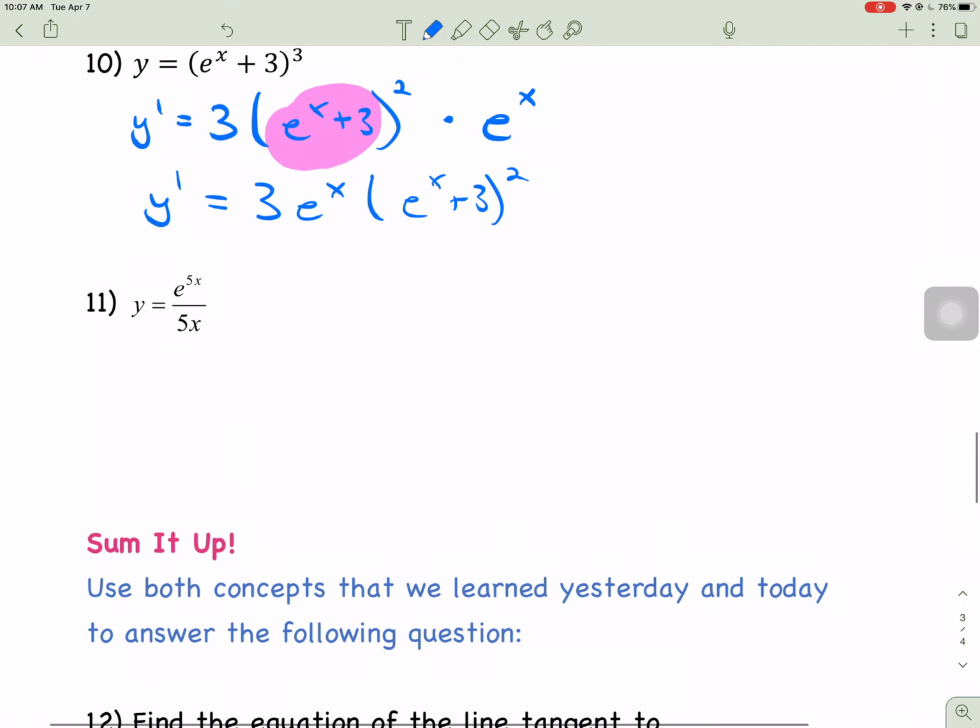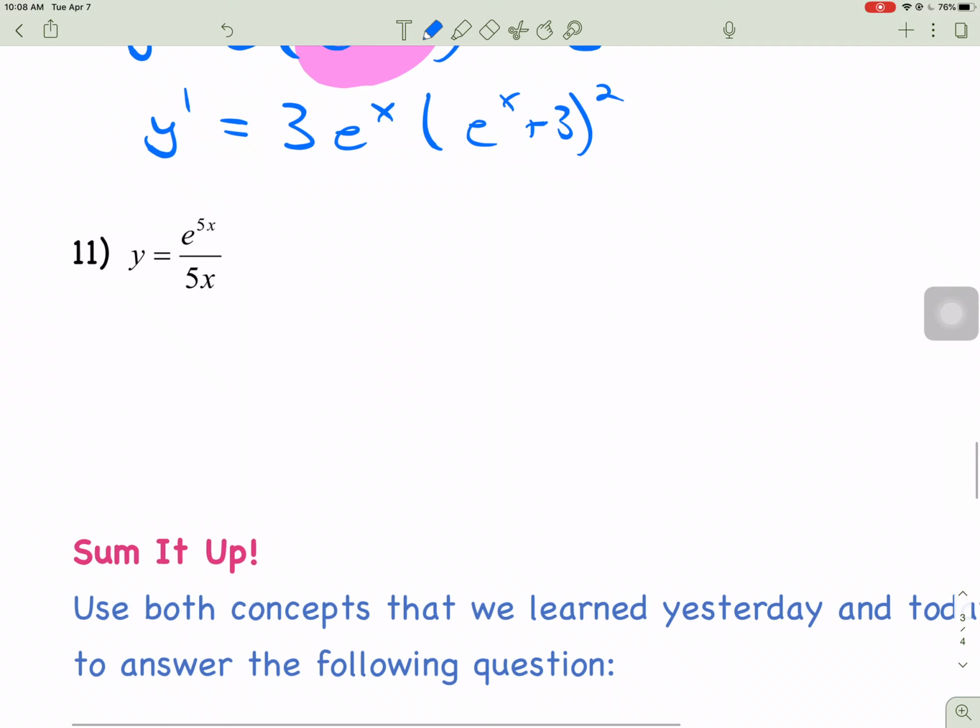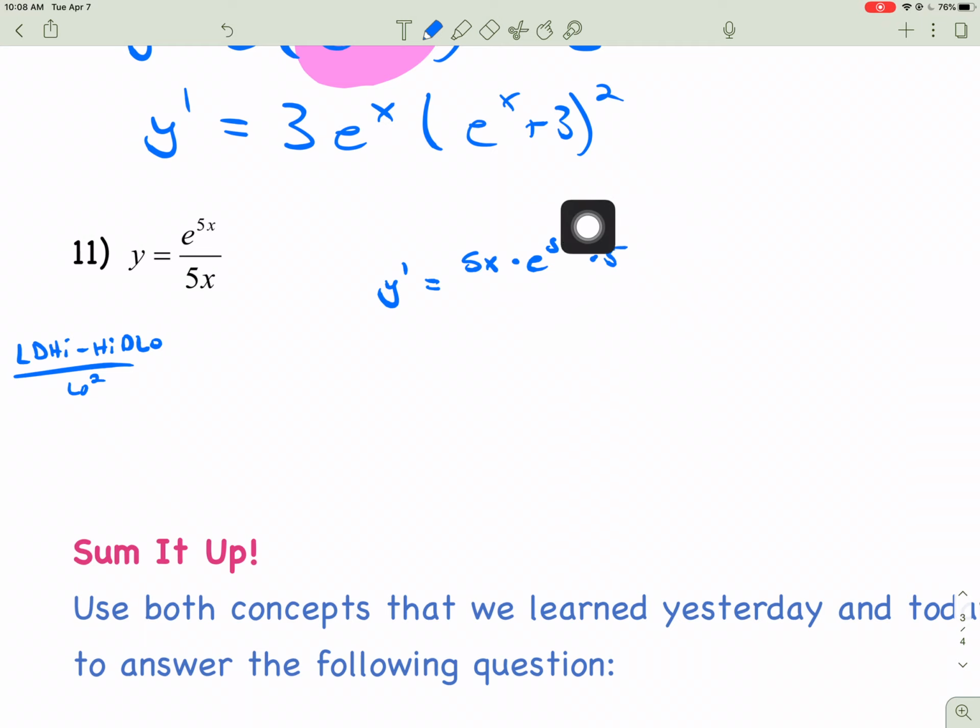And then number 11, last one, quotient rule. Right? Low d high minus high d low over low squared. So we get low times the derivative of e to the 5x. Well, the derivative of e to the 5x is e to the 5x times 5. E to the 5x times the derivative of the exponent.